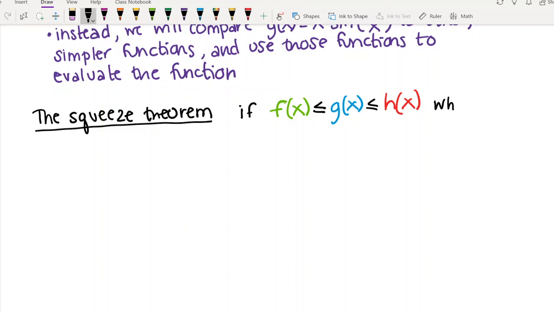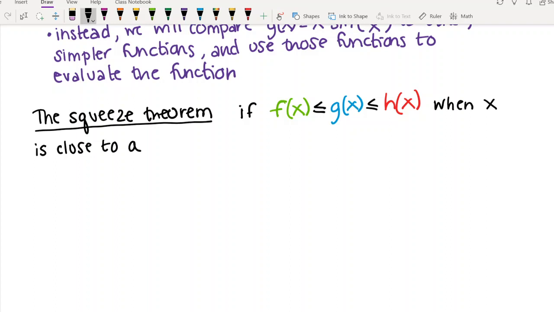That's not really going to come up in our examples, it's just a technicality. So really, it only needs to be true that g of x is between these other two functions when you're close to a specific x value.